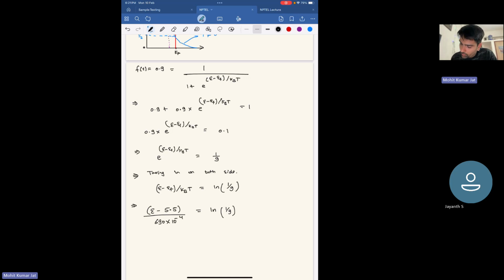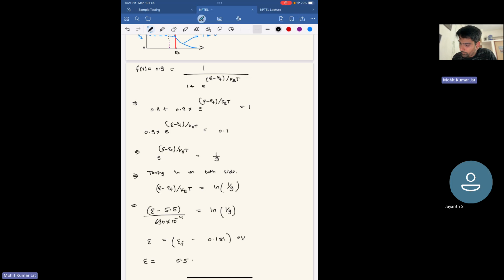So this value turns out to be E equals Ef minus 0.151 eV, and Ef is 5.5.